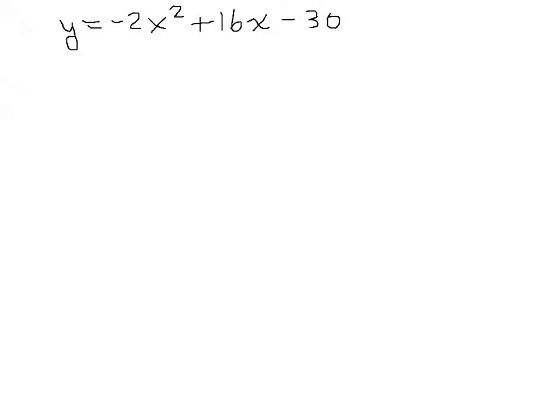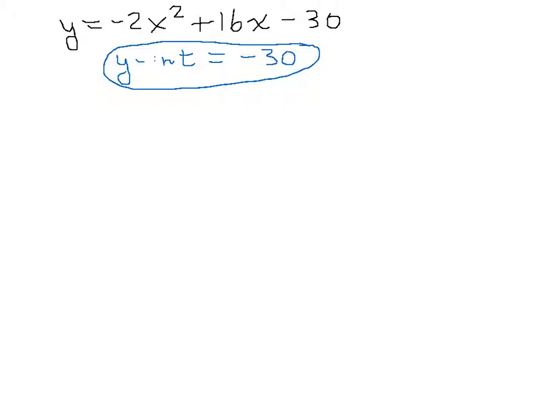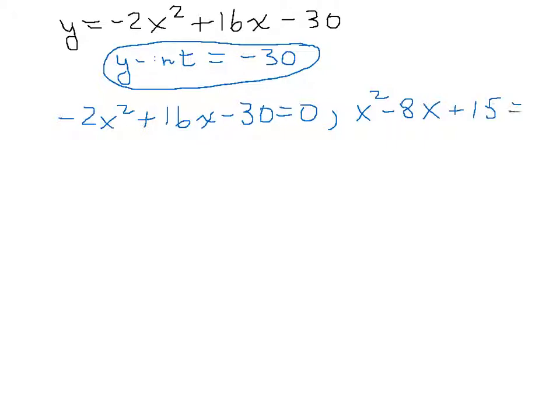Okay, so let's take a look at this one. Again, we look at it immediately and we can say, okay, the y-intercept is minus 30. That's quick. How about the x-intercept? Do we have a chance of factoring this? So if we say minus 2x squared plus 16x minus 30 is equal to 0, and we multiply both sides by minus a half, we come down to x squared minus 8x plus 15 is equal to 0.